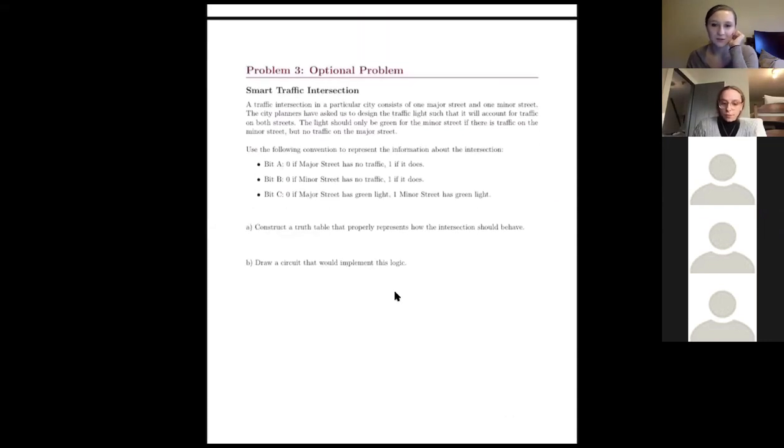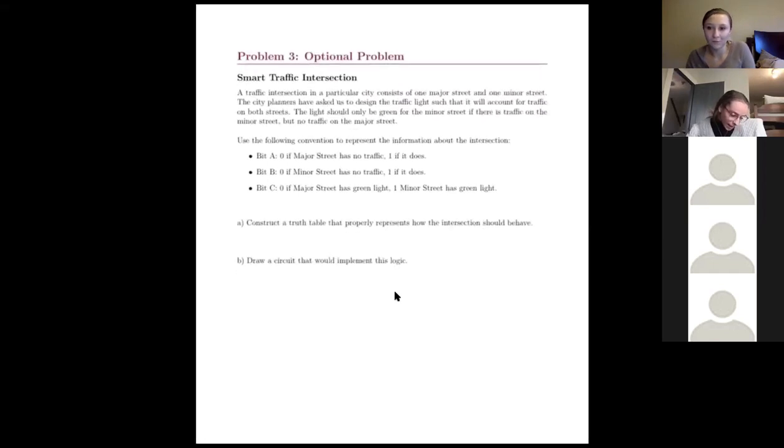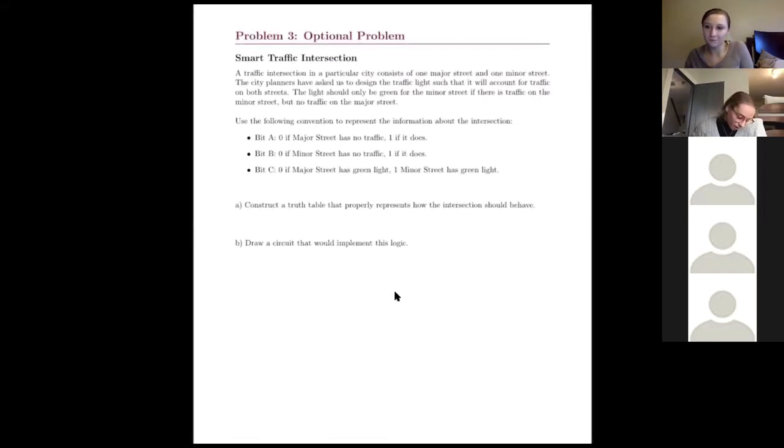Ava, how would you start to think through the basics? Would you draw it out? For this, yeah, I guess drawing it out, if that helps you. The way that I did it is looking at the fact that the light should only be green for the minor street if there's traffic on the minor street but no traffic on the major street.